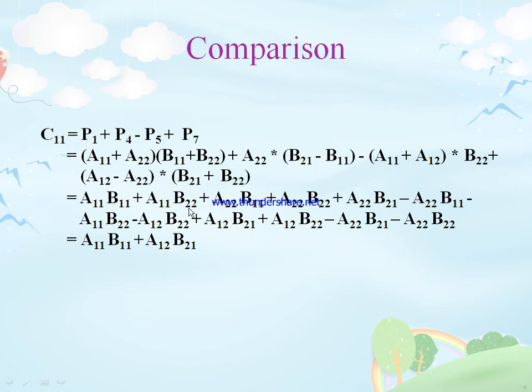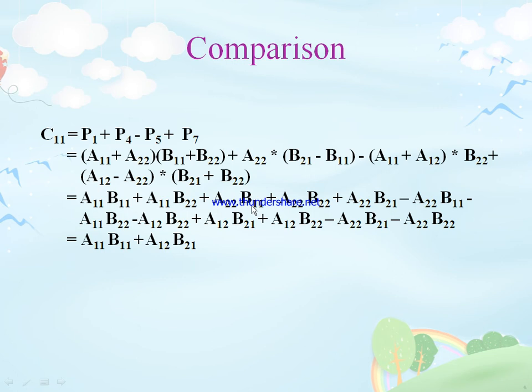So here A11 B22 and minus A11 B22, you can cross out these two.